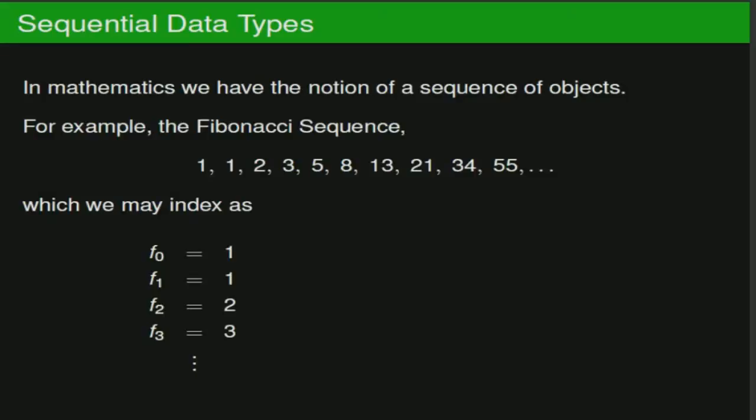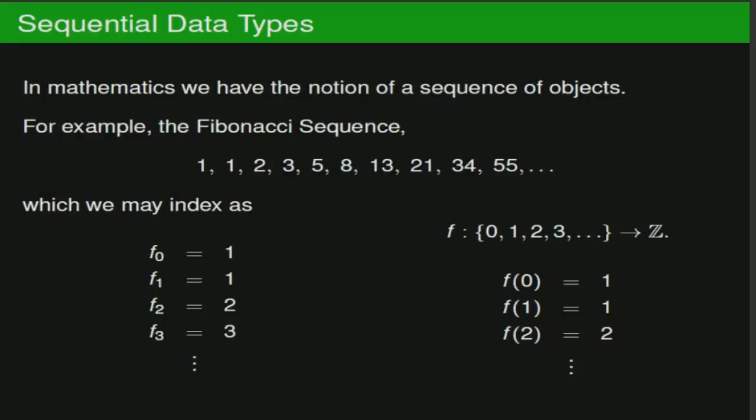Now, what we've really done there is define a function f from the set 0, 1, 2, 3, 4, so our positive integers and 0, and the range of those values is going to be the integers. Reviewing our function notation, f of 0 is 1, f of 1 is 1, f of 2 is 2, and so on.